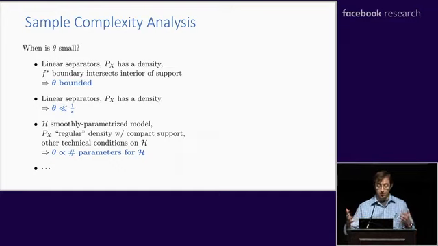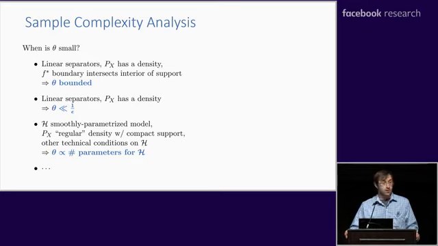Even if you don't have that second condition, even if you're just in the case where the distribution of X has a density with respect to the Lebesgue measure, then at least you can guarantee that theta is little o of 1 over epsilon. And it turns out that's sufficient to guarantee some benefits of the active learning algorithm compared to passive.